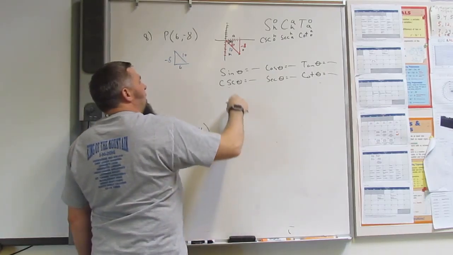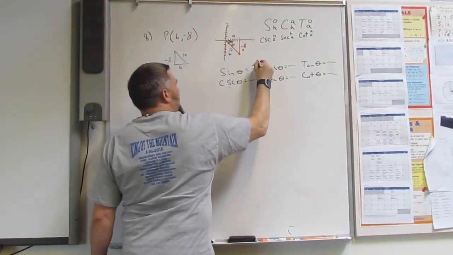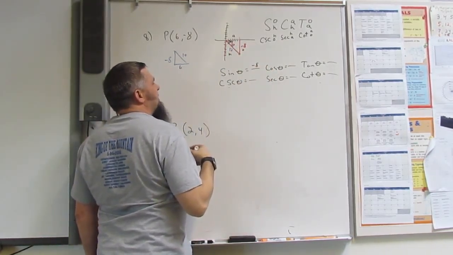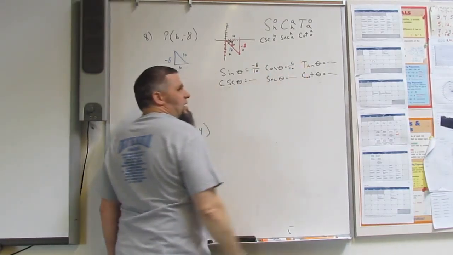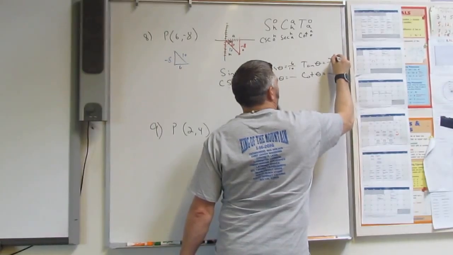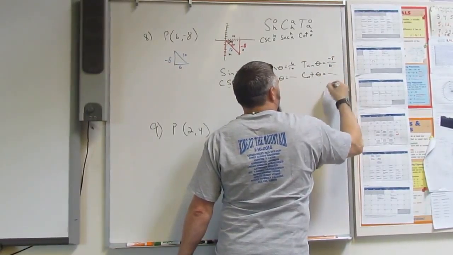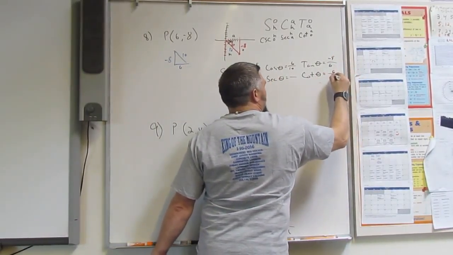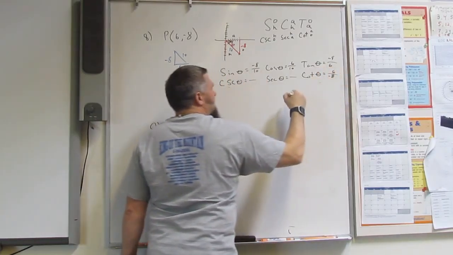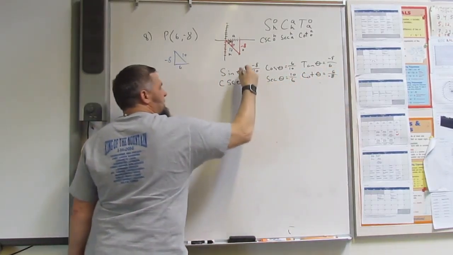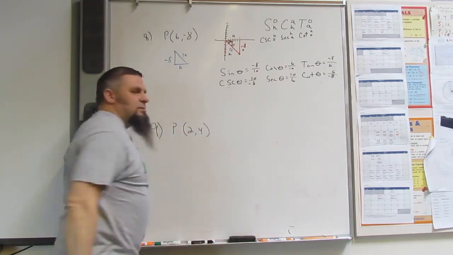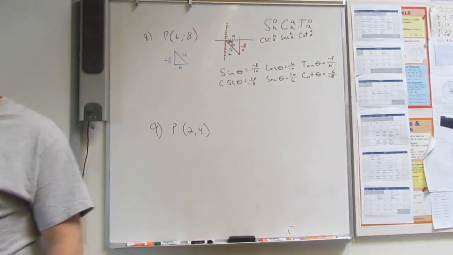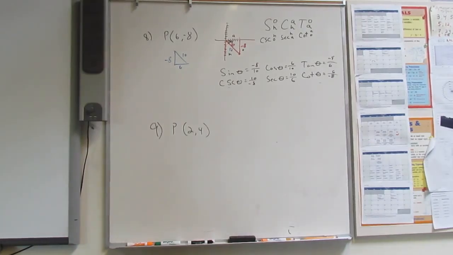I just have opposite, so negative 8 over hypotenuse, 10. Adjacent over hypotenuse, opposite over adjacent. And then these are all flipped. 6 over 8, negative, 10 over 6, and negative 8 under 10. And then reduce them. That's it.